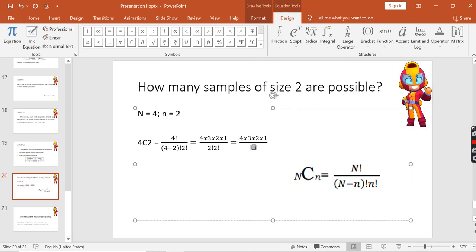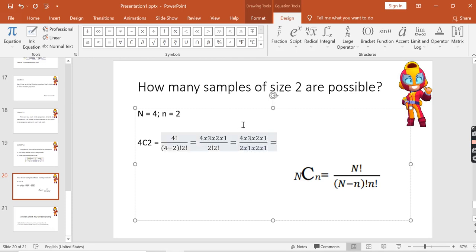While for the denominator, we have 2 times 1 times 2 times 1. So where did we get the 2 times 1? It's from the 2 factorial. While the other 2 times 1 is, of course, from the other 2 factorial.